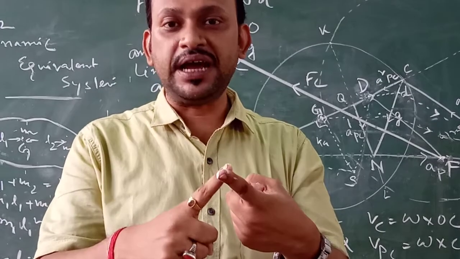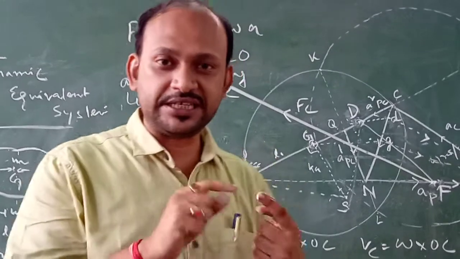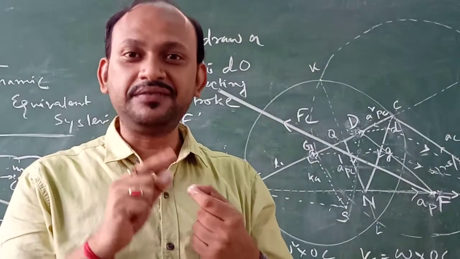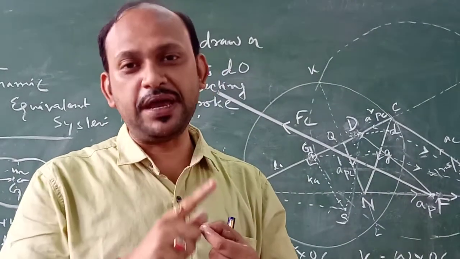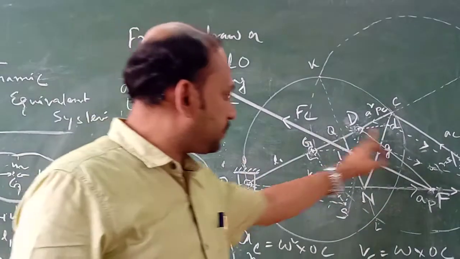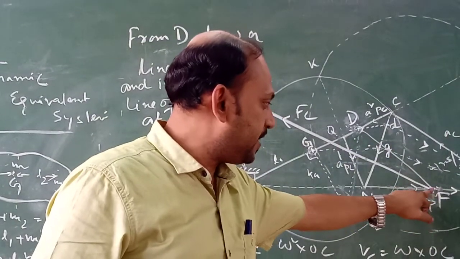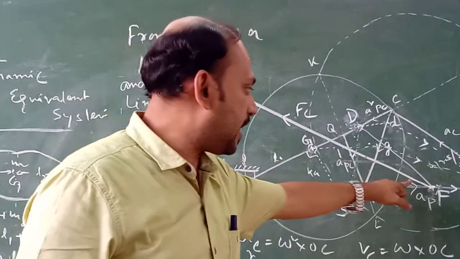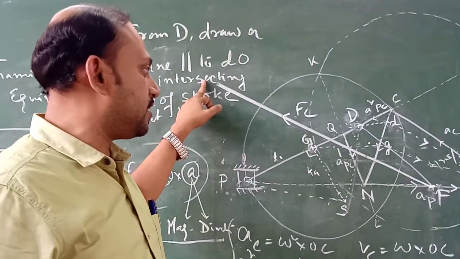So it is assumed that from that point of intersection F, whatever inertia force is there will be of the main mass. Both of them are intersecting at the point F, and from point F we will have the actual direction of inertia force.